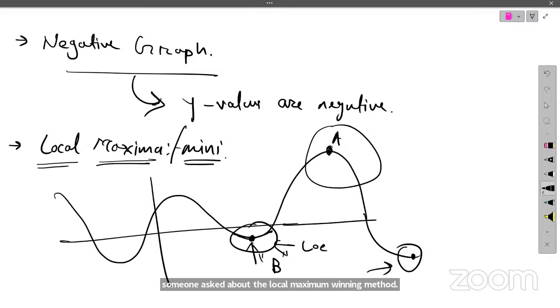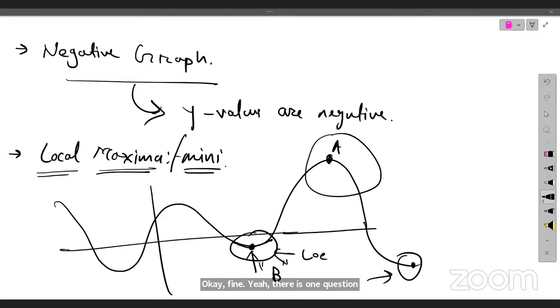Okay, fine. Yes, there is one question. Someone asked about a figure. This is the graded one, of week 2.